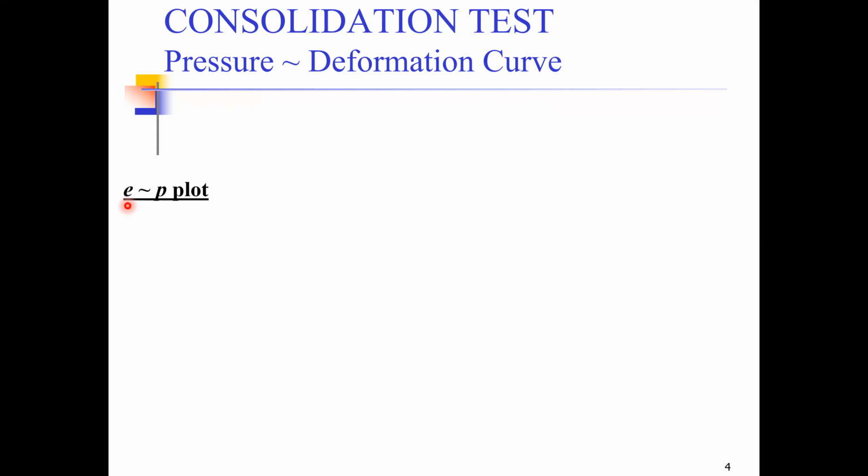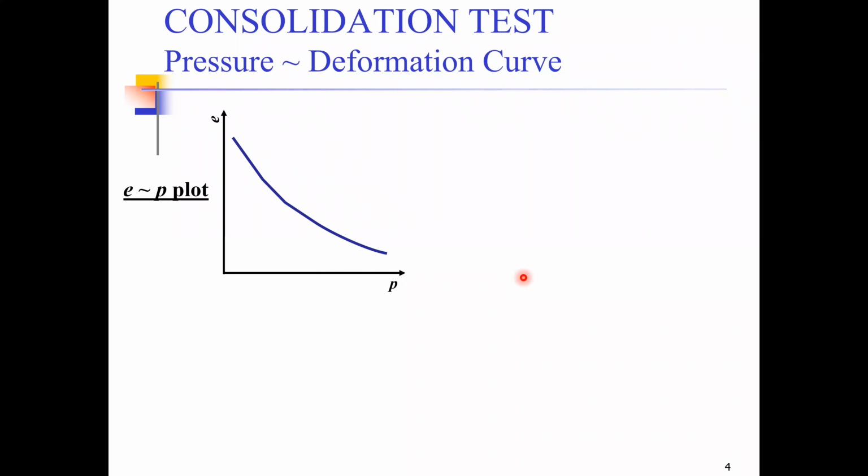You might have guessed it: when we increase the applied pressure, the soil gets compressed, and because of compression, its void ratio should decrease. So as I increase the pressure, plotted on the x-axis, the void ratio is decreasing. This is the typical shape of the graph that we see when we talk about the E versus P graph.